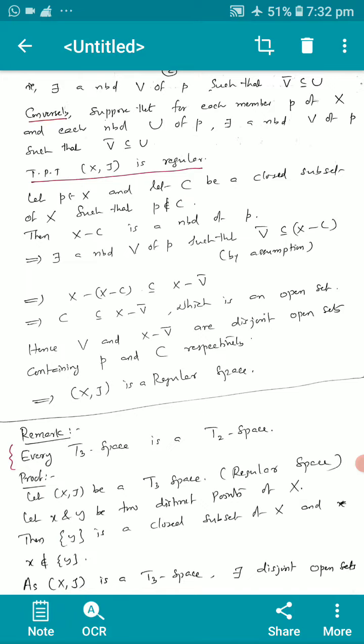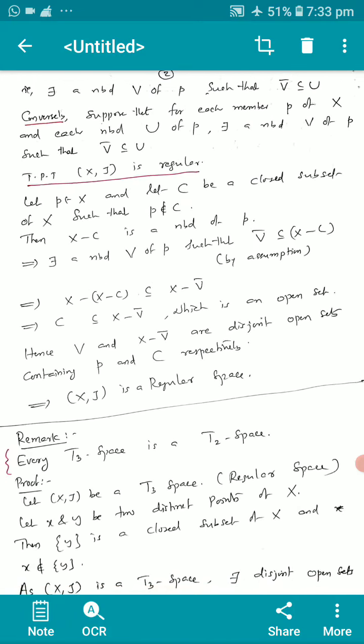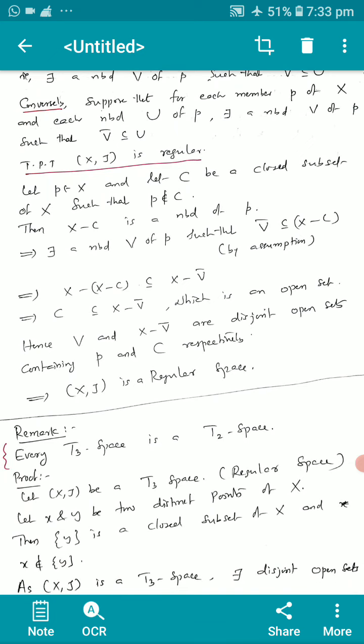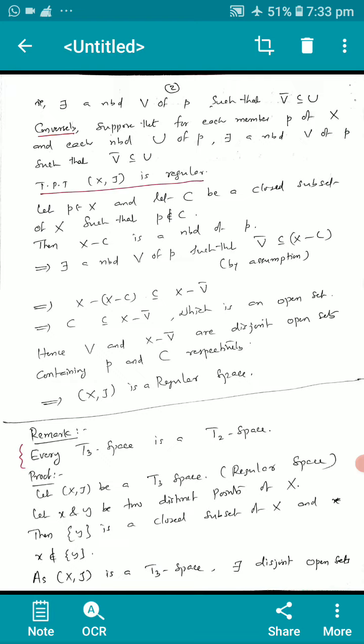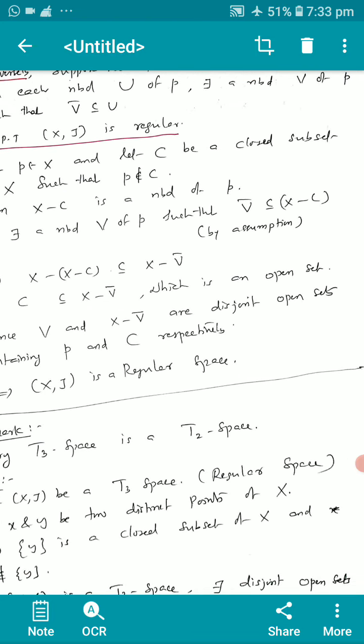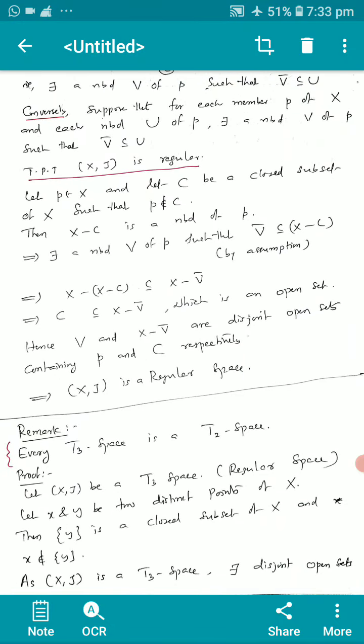Let P in X, taking a point P in X, and C be a closed subset of X such that P is not an element of C. Then X minus C is a neighborhood of P. This implies there exists a neighborhood V of P such that V bar is a subset of or equal to X minus C by assumption.